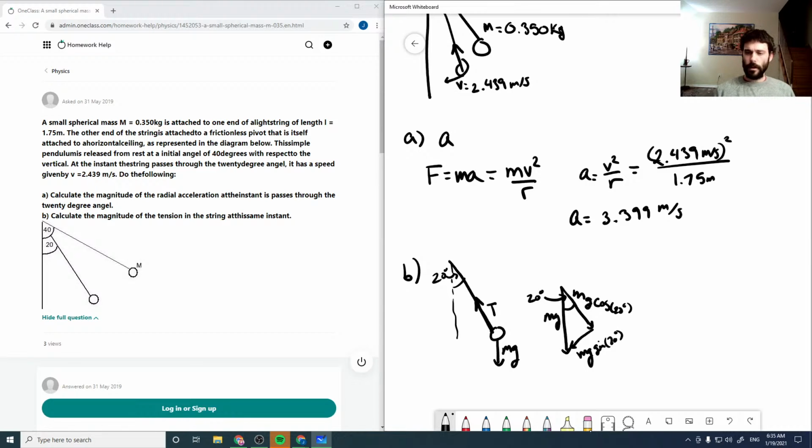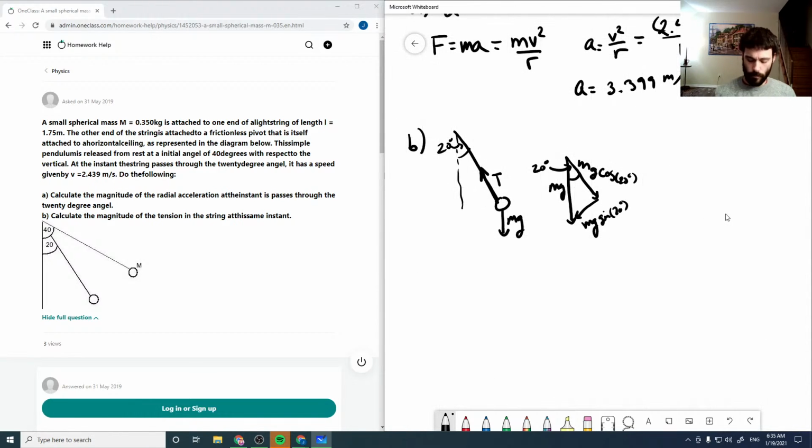Okay, and so then if we look in our radial direction, I'll just get rid of that little vector symbol because I'm just looking in the radial direction.